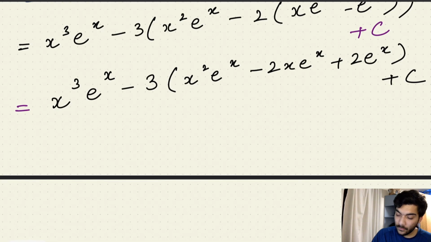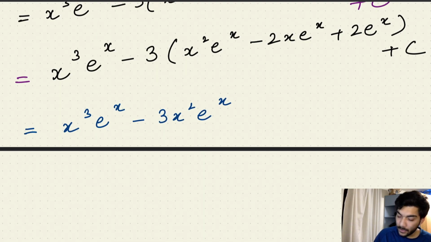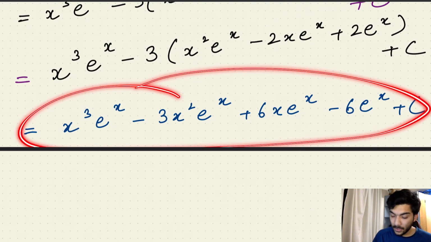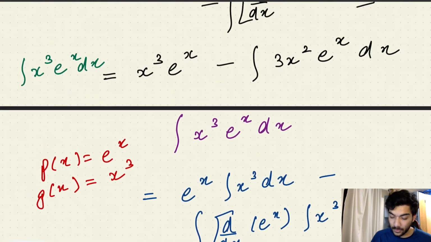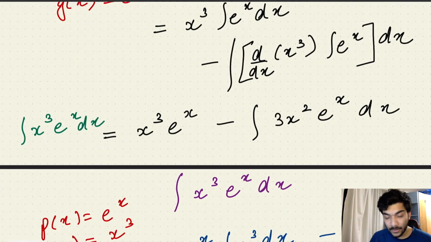And now when we further simplify this expression, it would be x cubed e to the power x minus 3x square e to the power x plus 6x e to the power x minus 6 e to the power x plus c in this case. So this would be your final answer to the integral of x cube e to the power x dx in this case.